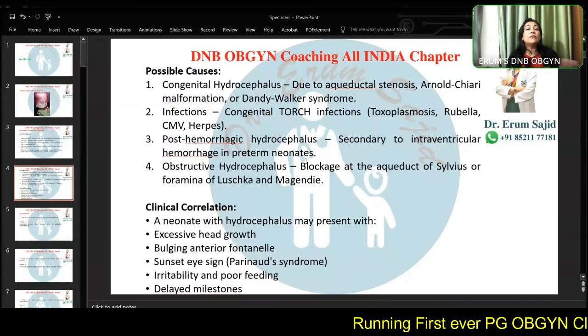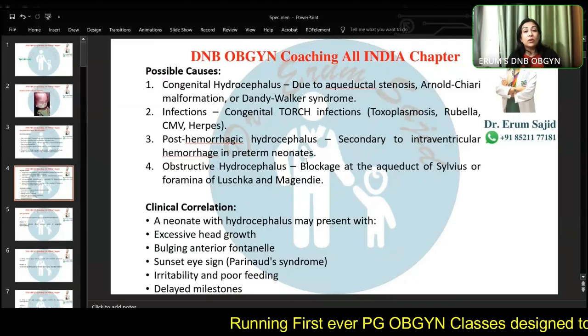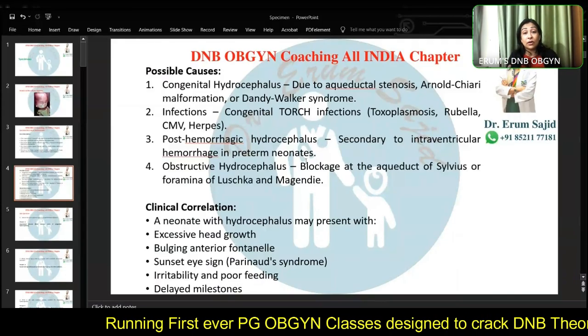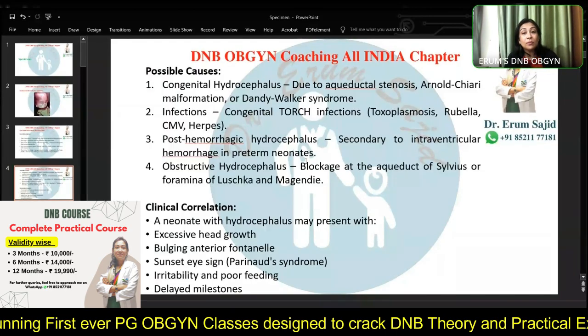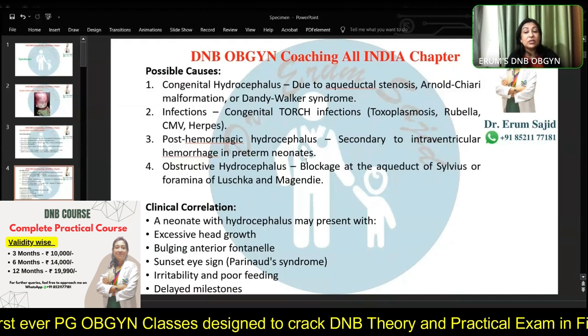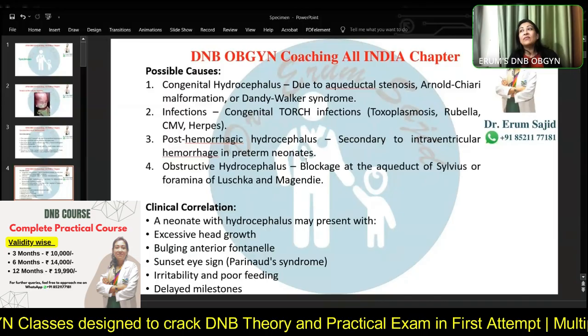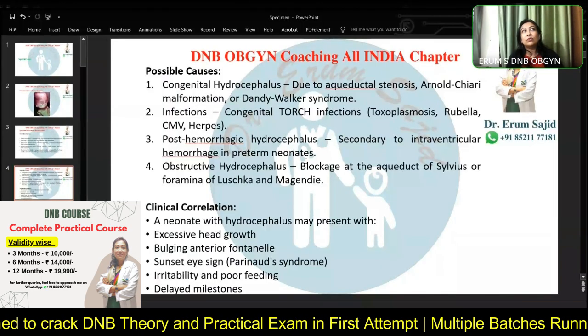You must have heard of the foramina of Luschka and Magendie earlier on, but there are two very important aqueducts. One is Sylvius, one is your aqueductal stenosis. So they are equally important, most probably in Arnold-Chiari malformation and Dandy-Walker syndrome. Apart from that, you also have this in many other infections like toxo, CMV, rubella.